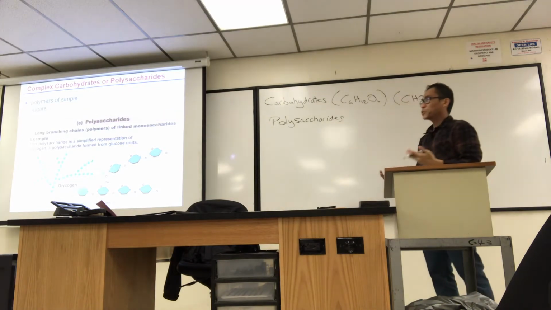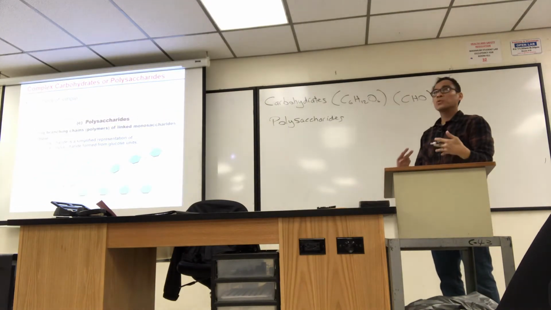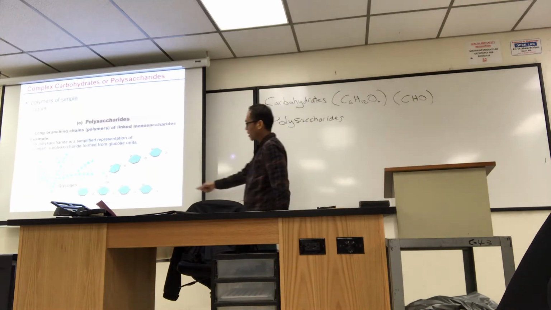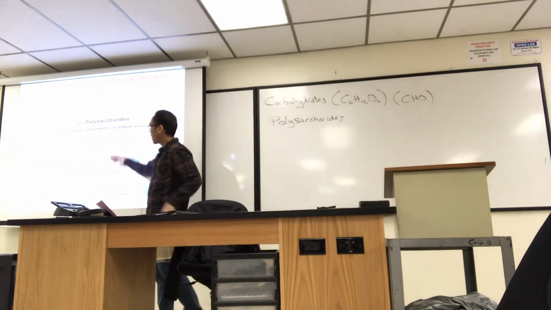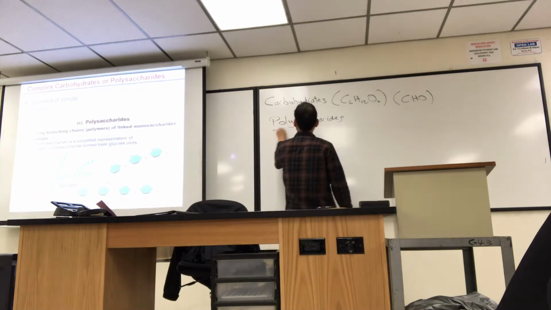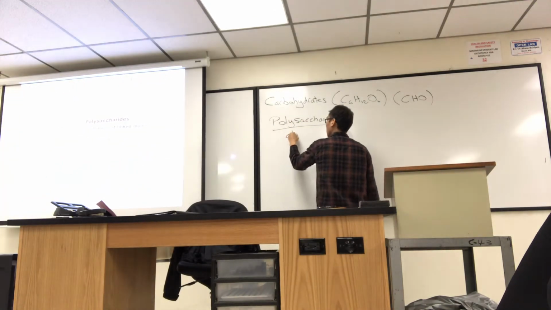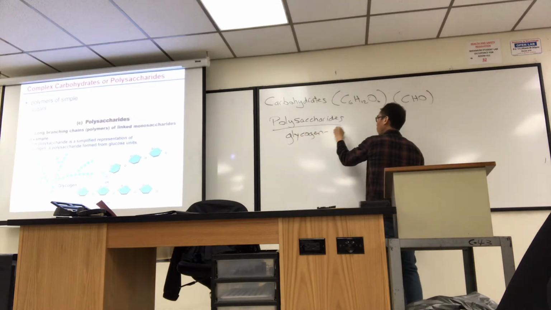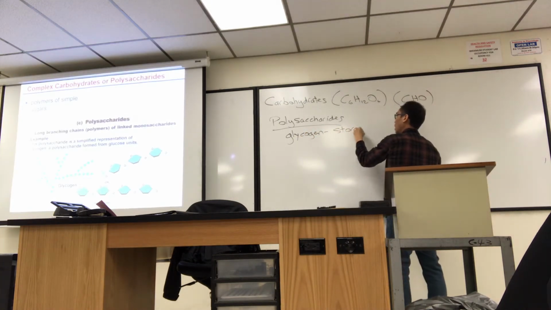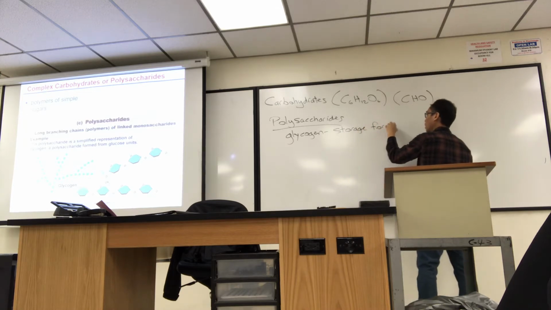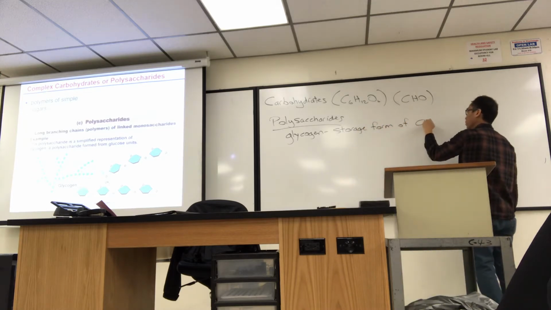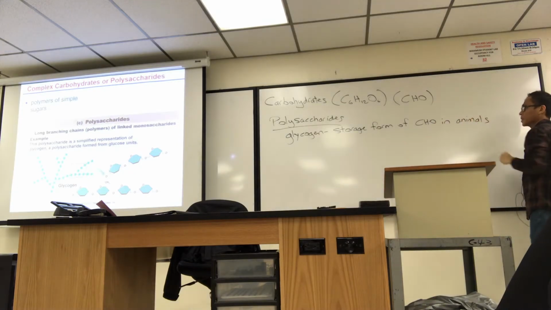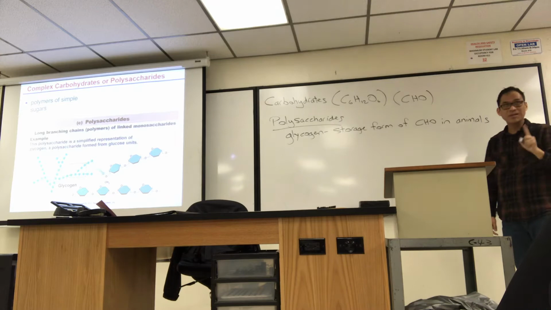So those simple sugars circulate. Muscle, liver, they take those, they link them together, they store them in these long chains, and know glycogen. Storage form of carb, CHO, in animals. It's stored in skeletal muscle and liver.